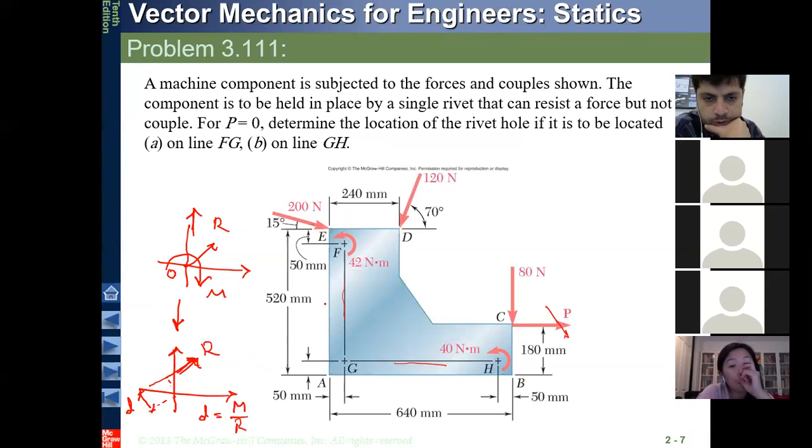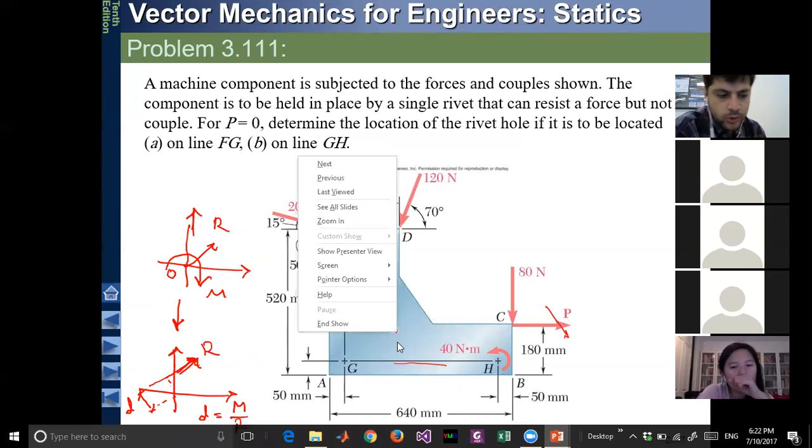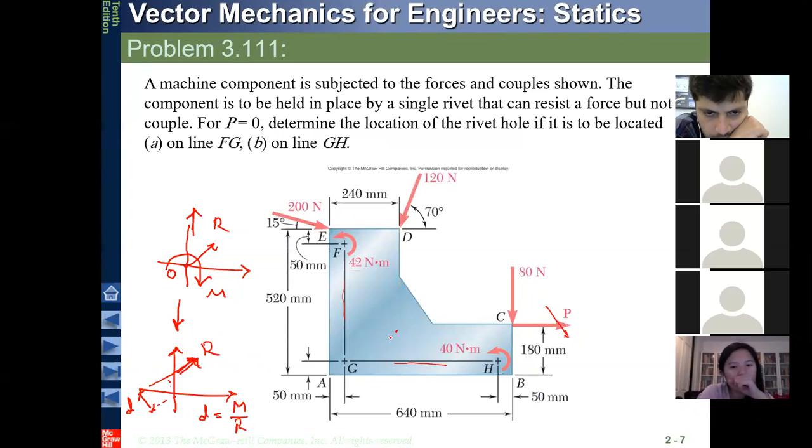Well, we can, for example, calculate the moment around a point like G prime here.